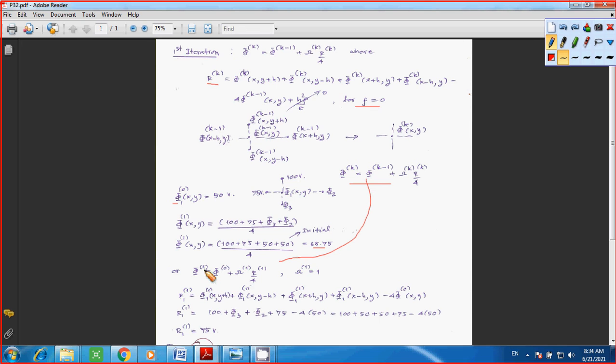Your phi of the first iteration equals the phi of the zero iteration plus omega from the first iteration and r of the first iteration divided by 4.